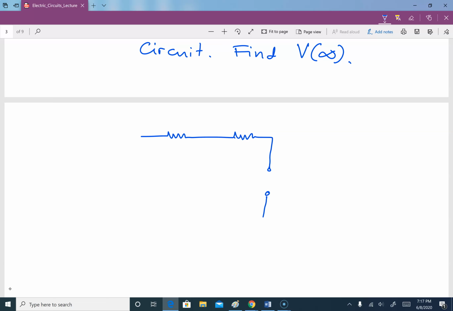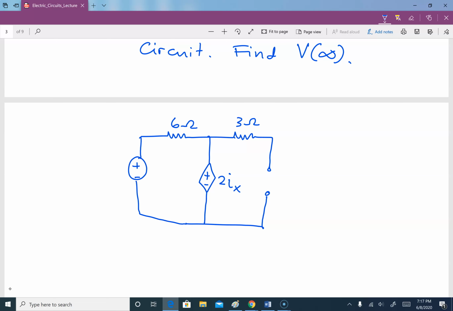That is open for the capacitor. Two IX, 3 ohm, 6 ohm, 12 volts, and this is the direction of IX. So we will have, let's say, a loop current here. So what we need to find is this voltage here, which is V of infinity.